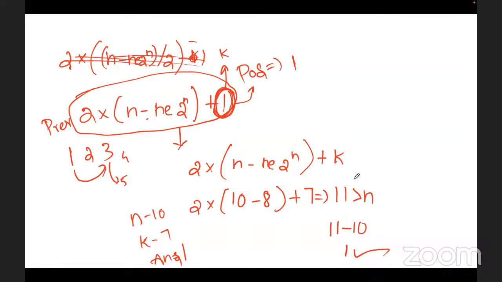Got it? So if the n value is less than the result value, you have to subtract the n value, or else you can write the answer as it is.